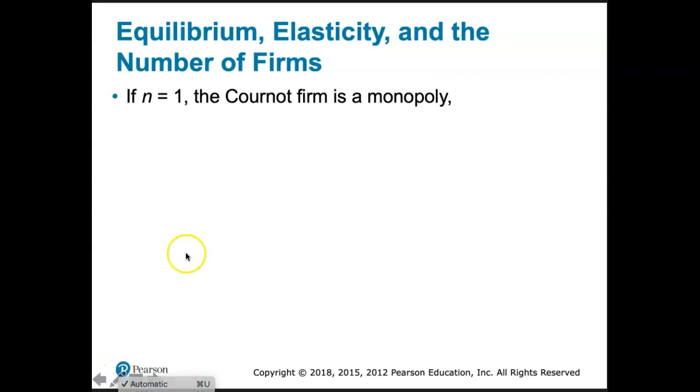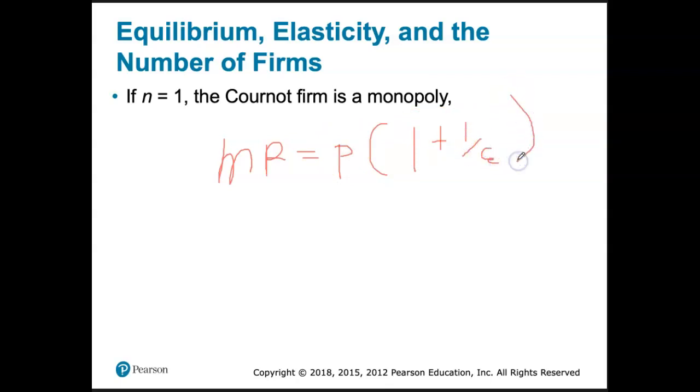So we have MR equals P times 1 plus 1 over epsilon, the same profit maximizing condition we had in chapter 11 in relation to elasticity. Chapter 11 was talking about monopolies, so if N equals 1, the Cournot firm is basically a monopoly, which makes sense. If N equals 1, there's only one firm in the market, and hence you have a monopoly.